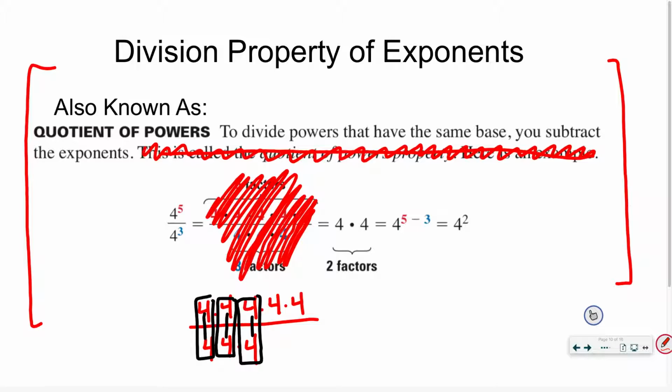Does anyone need more time to write? The example that we did, the 4 to the 12th over the 4 to the 5th, is the same concept as the example here.